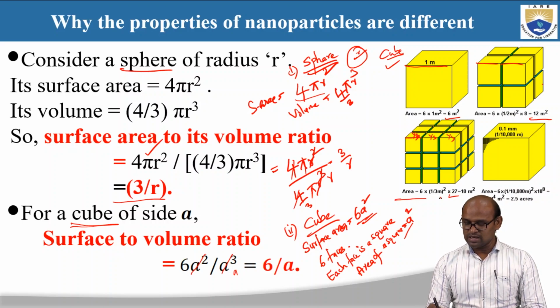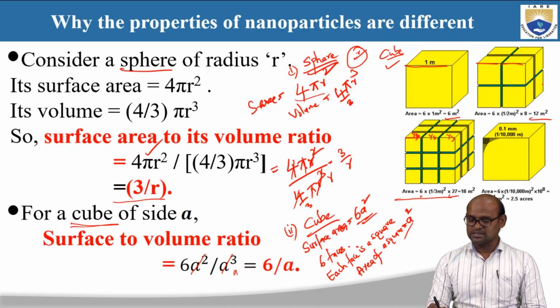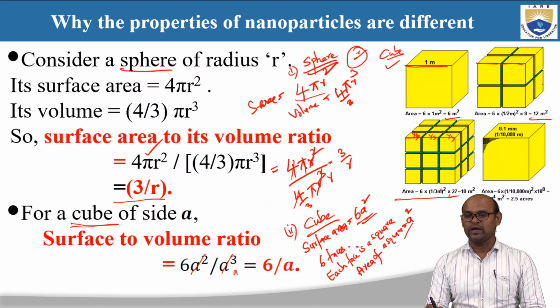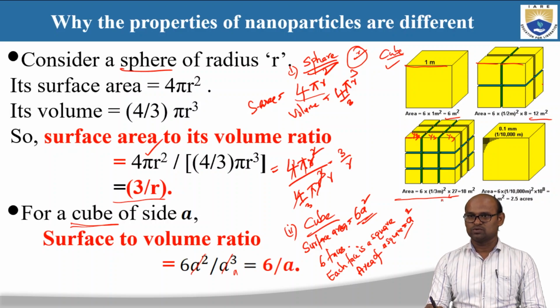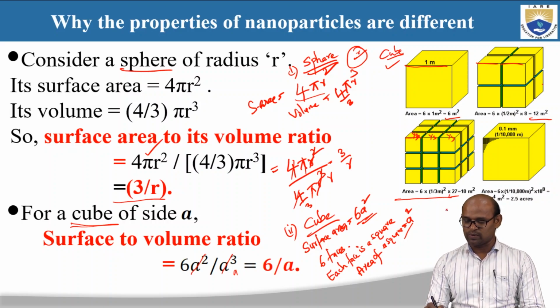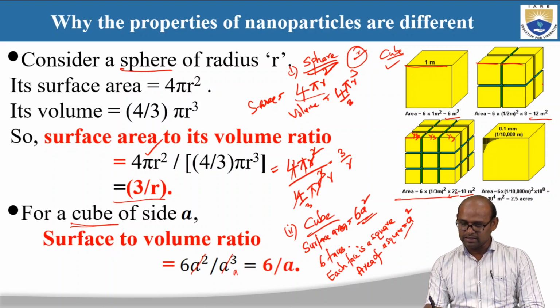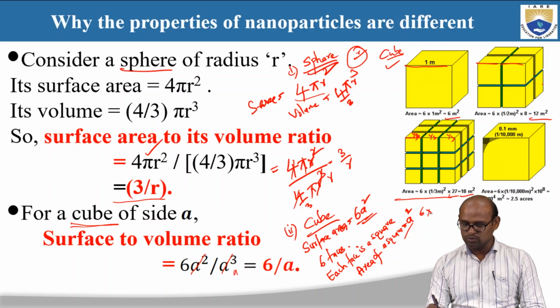Now the surface area of such a cube, which is divided into 27 parts: each cube is going to have 6 faces, so 6 into the area of each face. The area of each face is 1 by 3 meter square, that is 1 by 9 meter square, and then 27. Totally we are going to get 18 meters square, right? So 6 into 1 by 3 whole square, because it is area.